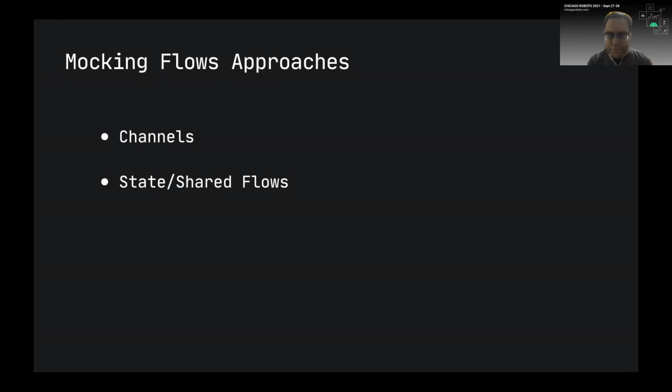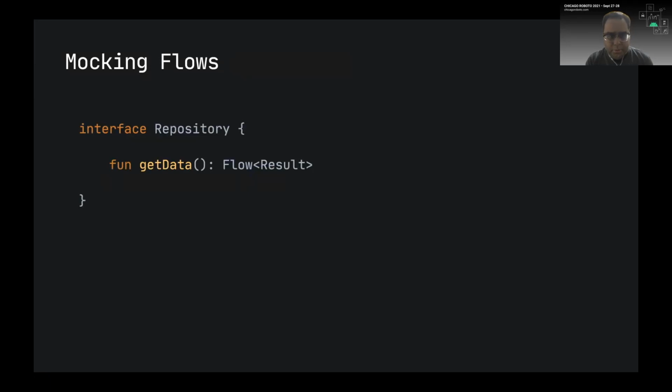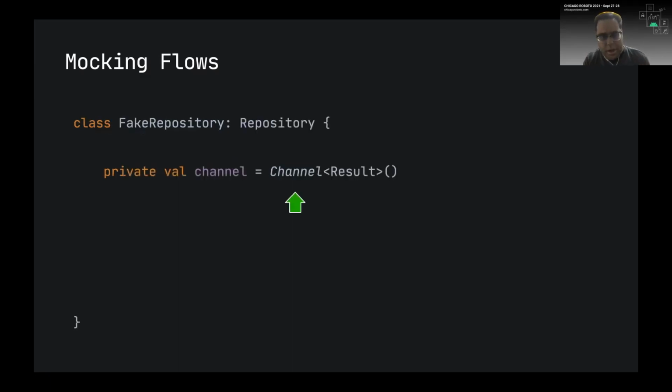There are two approaches that I found people take in the community. One is to use channels, one is to use either a state or shared flow. So suppose that you have your repository, which is an interface, and it has a flow of results. You could create a fake with this using a channel. I have a channel here. You could use any type of channel that you want. This example is a rendezvous channel.